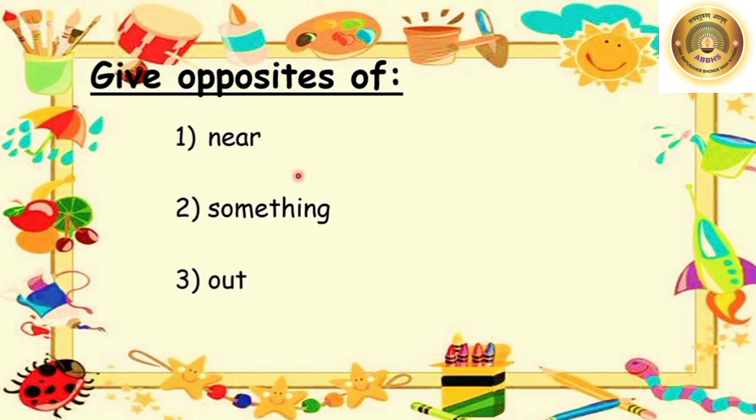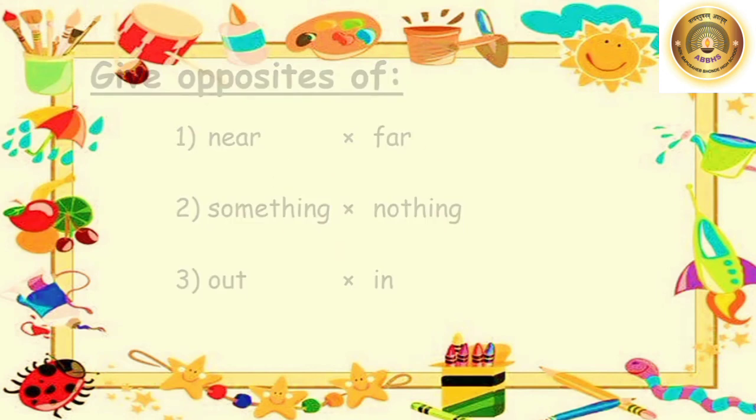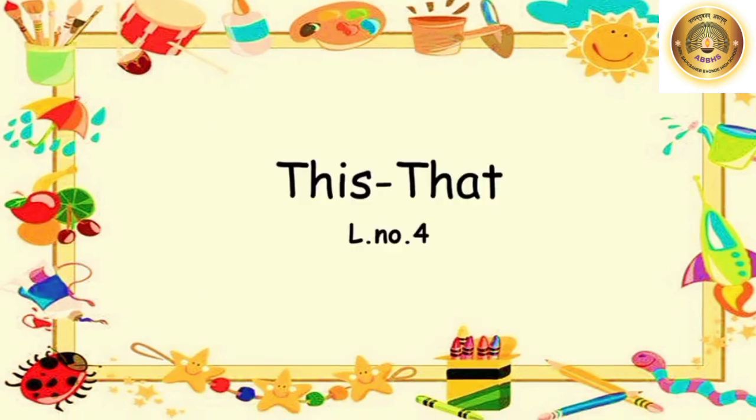What is the opposite of near? Far. Yes. What is the opposite of something? Nothing. Very good. What is the opposite of out? It is in. Near, far, something, nothing, out and in.